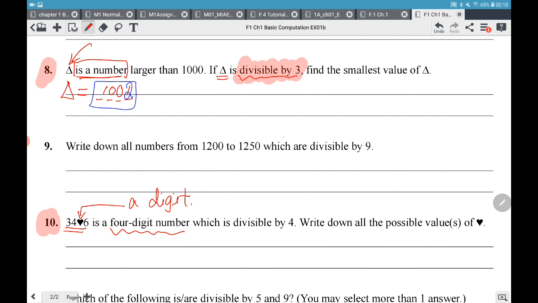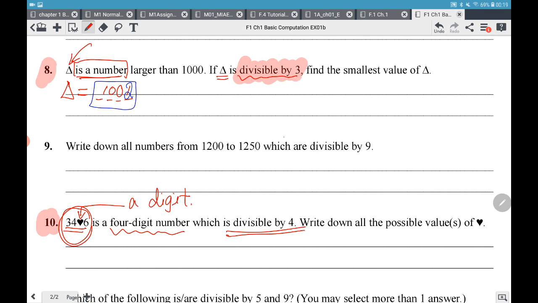So, do you see the difference? The triangle in question 8 represents a whole number, and in question 10, the heart is just one of the digits. We try to put one more number into the 4-digit number so that the whole number will be divisible by 4.